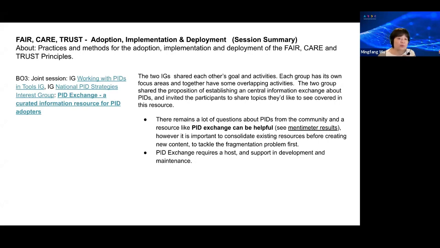Their working group produced the national supporting output for the national PID strategy. They transitioned to an interest group and will continue the conversation about PID strategy, but also look for adopters of their supporting outcomes. The two groups identified common ground to collaborate.